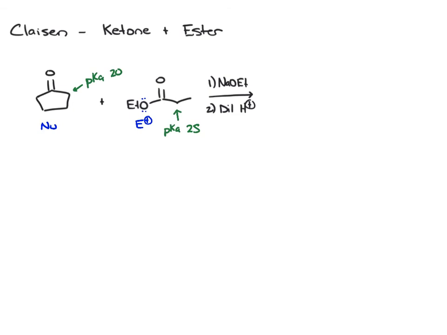So we're going to go through this reaction. We won't go through the full mechanism. We're going to take our shortcut. But what you can do is start by drawing your enolate. Then we'll draw out our ester, which is the electrophile.